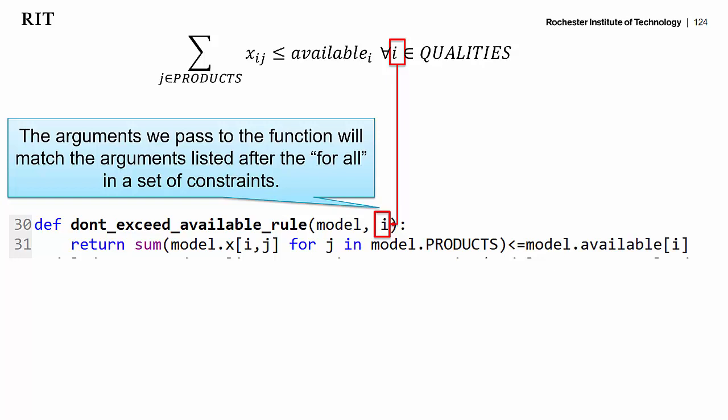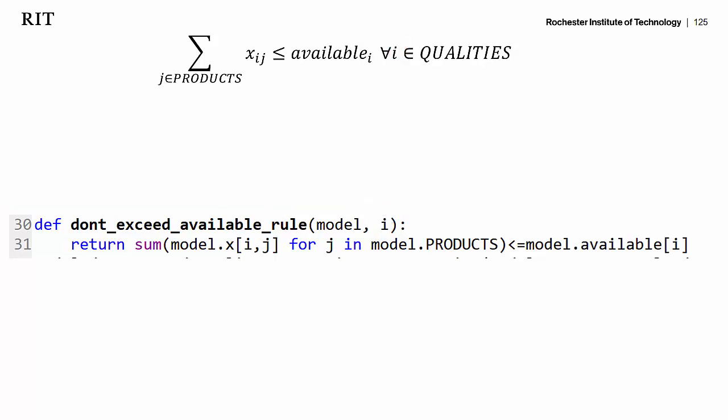So I'm going to pass this constraint function a value for i. And we see that value of i being used twice in this constraint function. It's used as the subscript of x, and it's also used as the subscript of our parameter available sub i.